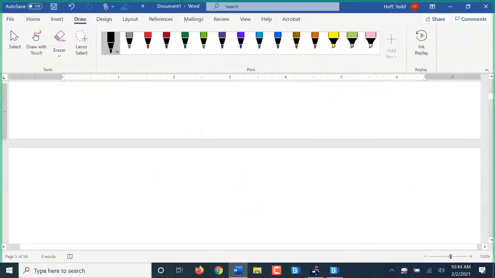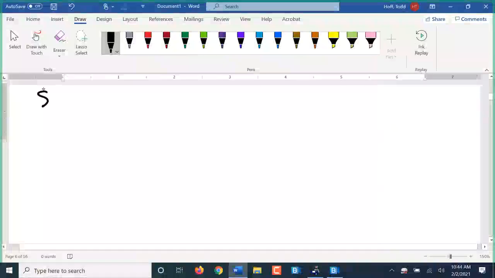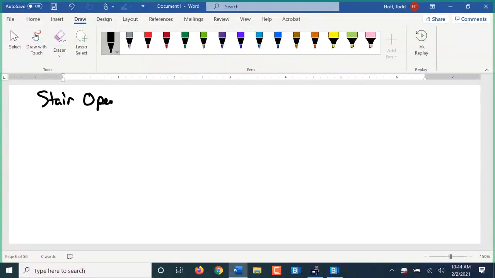Next thing I want to talk about is the stair opening. And like I said, we are going to do the simple calculation for stair opening, just going off of the top of the step below it, rather than the planer where you have to go from the nose of the steps.